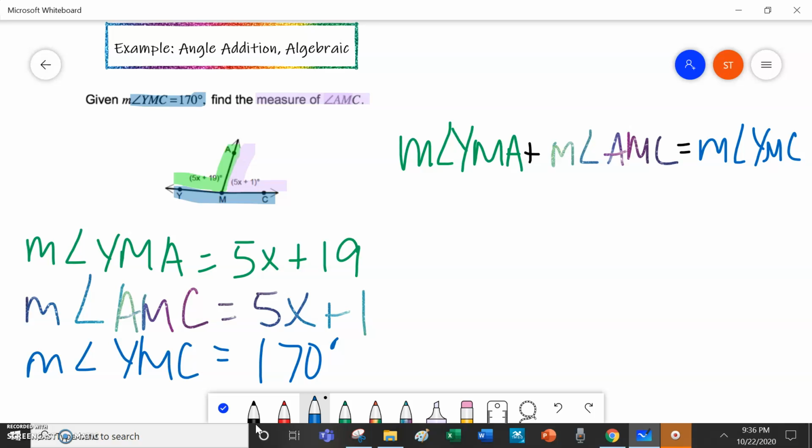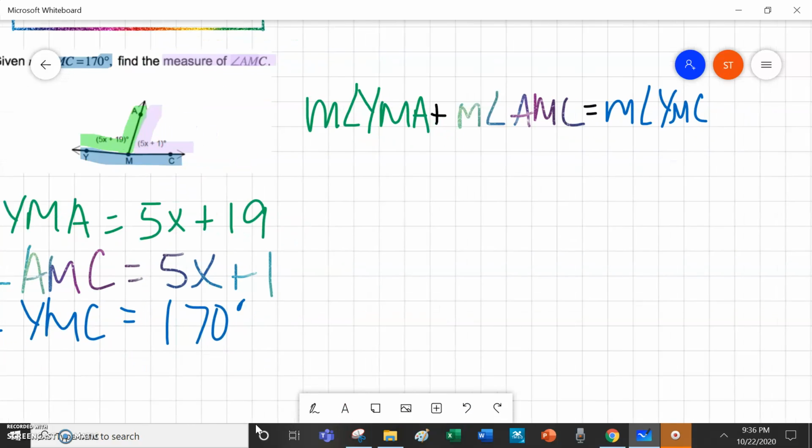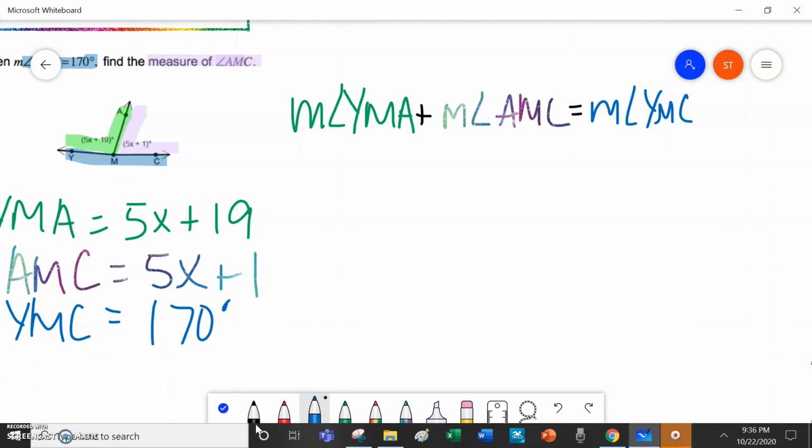So now I replace with what I know algebraically. The measure of angle YMA is represented algebraically as 5x plus 19. I like to substitute inside parentheses as it makes it easier to see what's going in where.